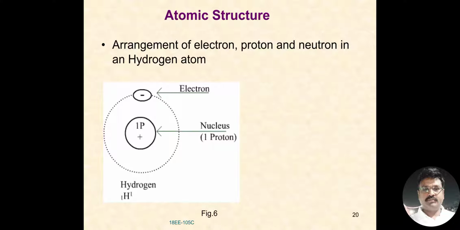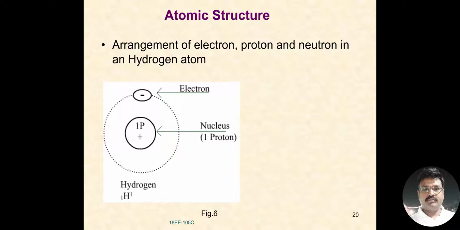This shows the arrangement of electron, proton and neutron in a hydrogen atom. A proton is a positively charged particle, and each proton has a charge of 1.602 × 10^-19 coulombs. The neutron carries no charge.